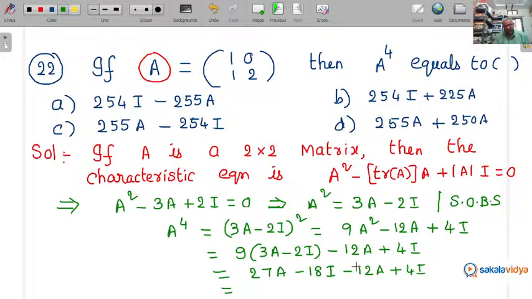So 27A minus 12A is 15A, this is minus 18 plus 4, minus 14I, you will get it.